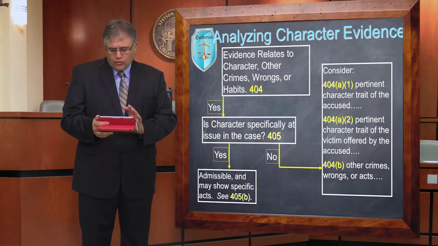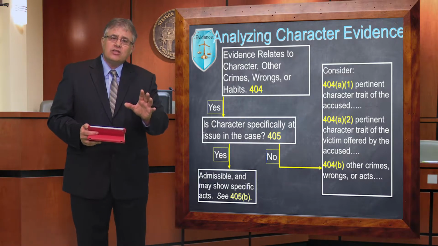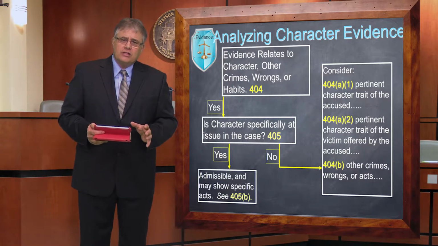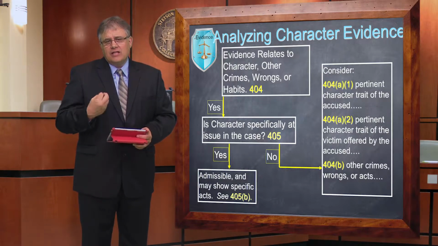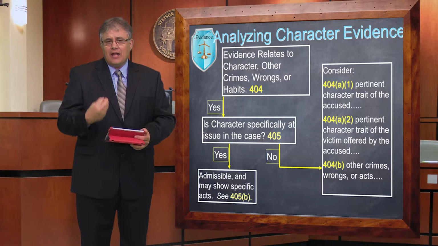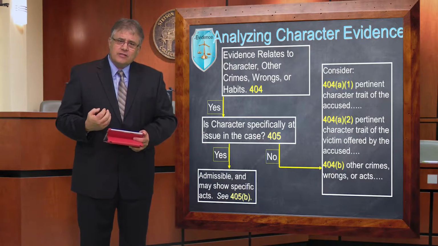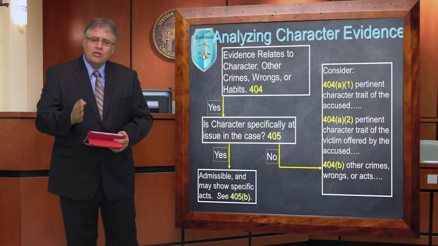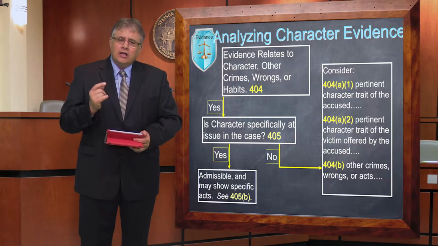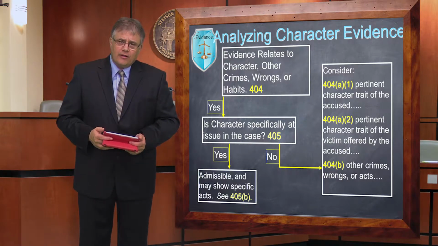And what the federal rules of evidence do is they say, well, if that's the set of circumstances, if character is not necessary, if the government does not have the burden of proving an element of the offense based upon the character of the accused, then we are not going to let character into the case unless the accused chooses to make it relevant.